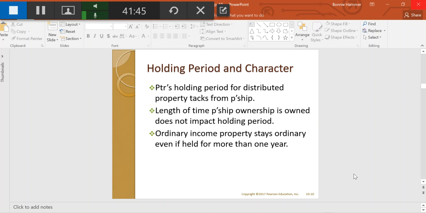And then the third bullet says that if the property distributed is ordinary income property, it stays ordinary income property even if it's held for more than 1 year. So that tacks on to the partner receiving the property, and it stays ordinary income property.